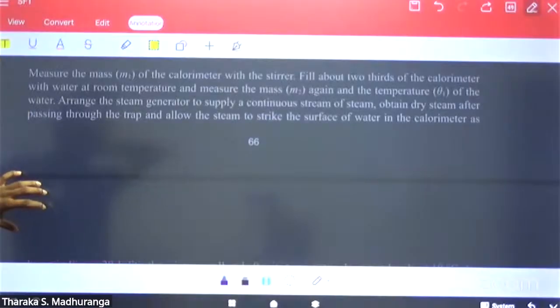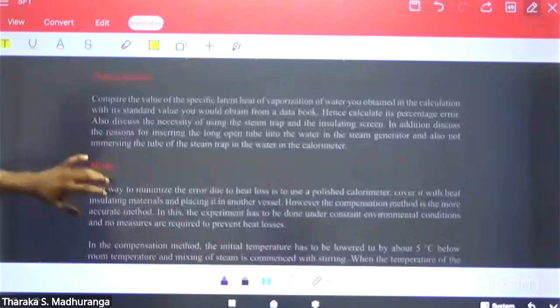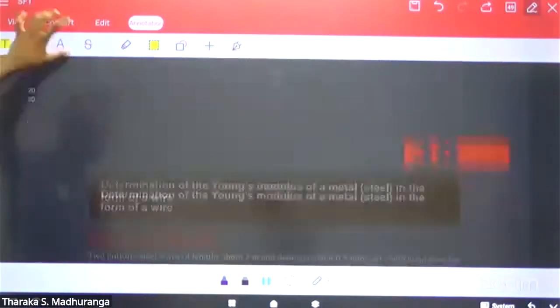You can read everything I have given here: methods, special factors you need to consider.